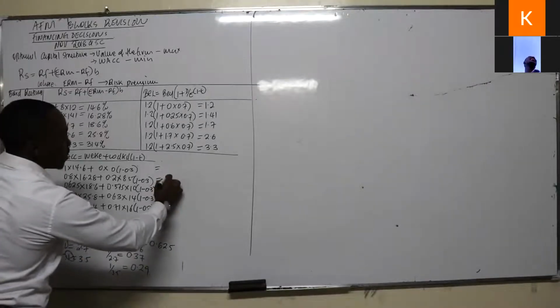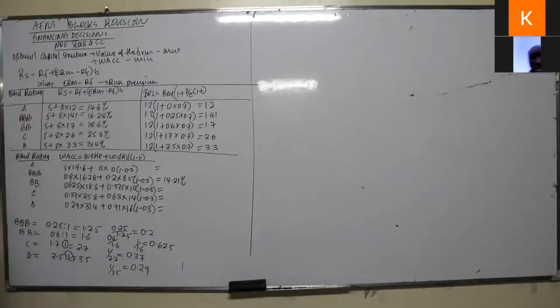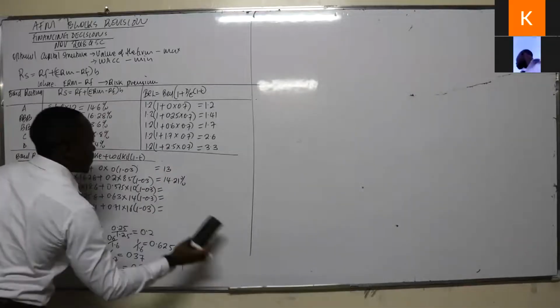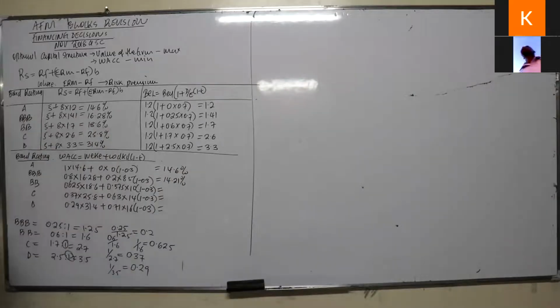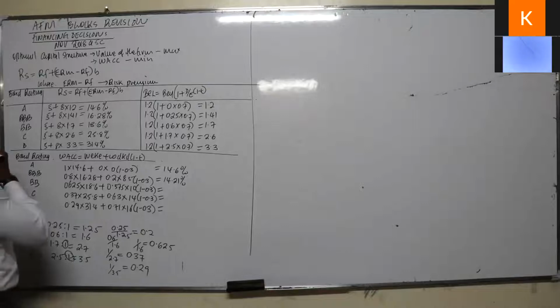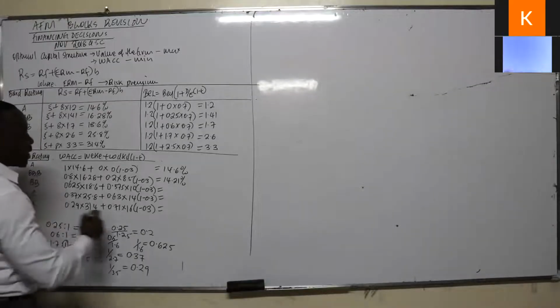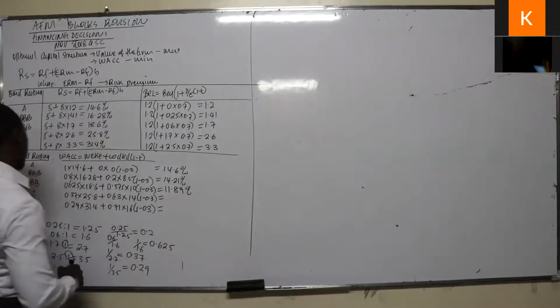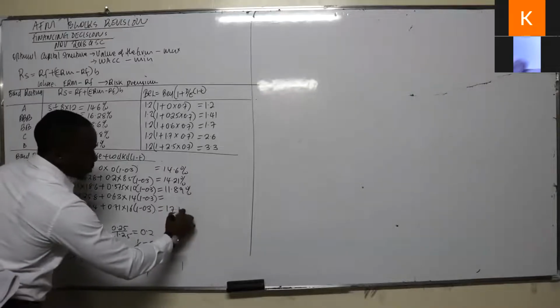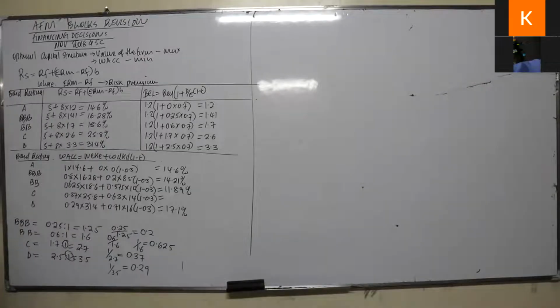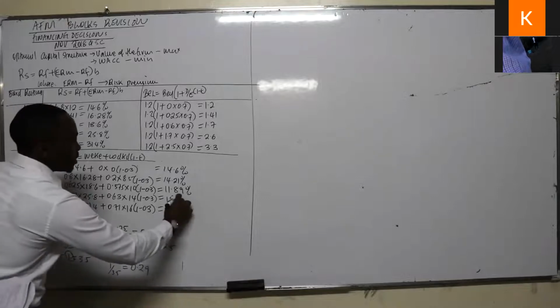Second, 14.21%. First one, 14.6. Then 17.1. And 14.72%.